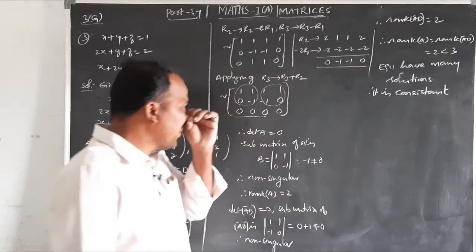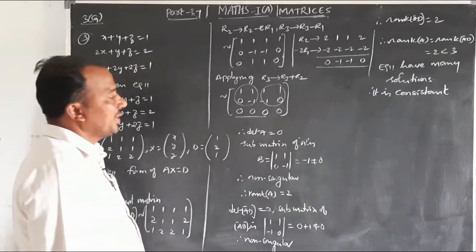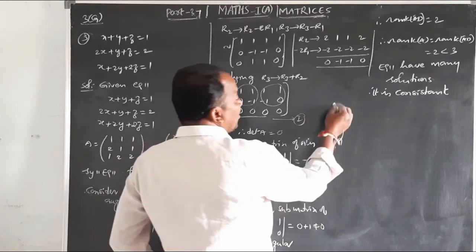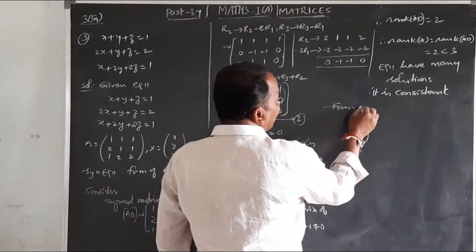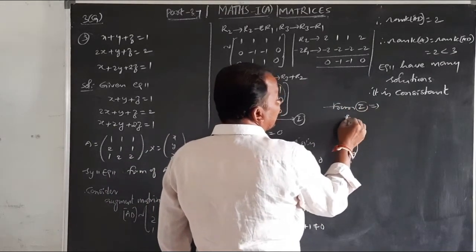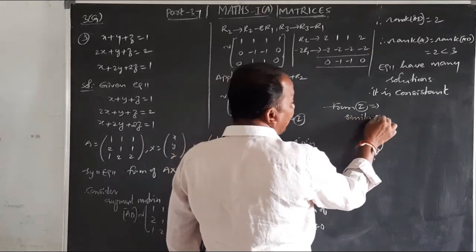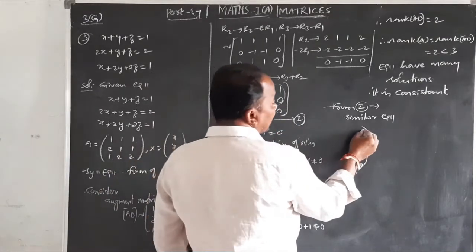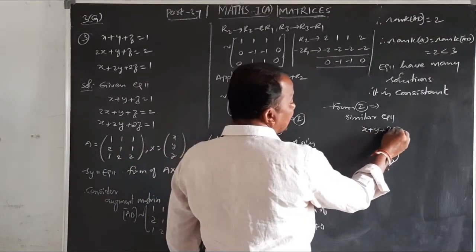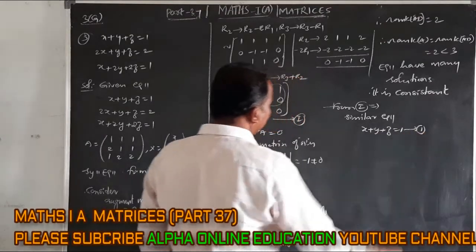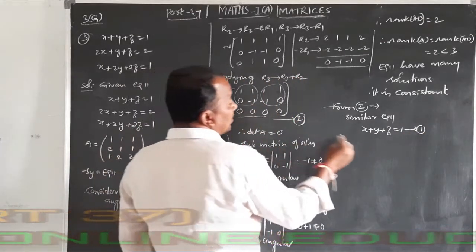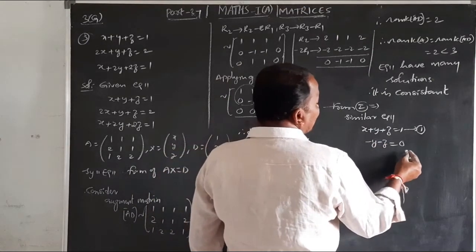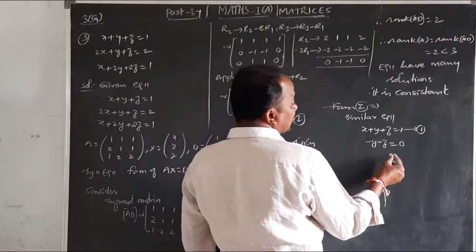Now find the many solutions. From the equations, x plus y plus z equals 1, equation number 1. Subtracting, x is 0, minus y minus z equals 0.